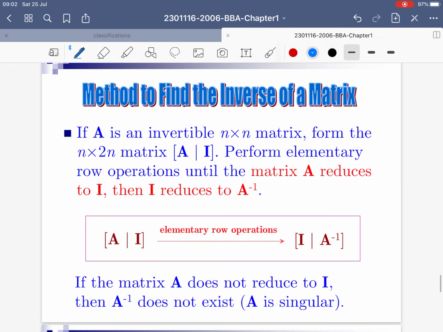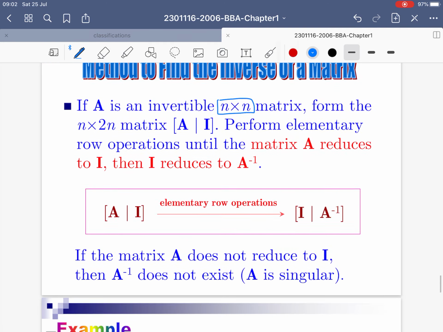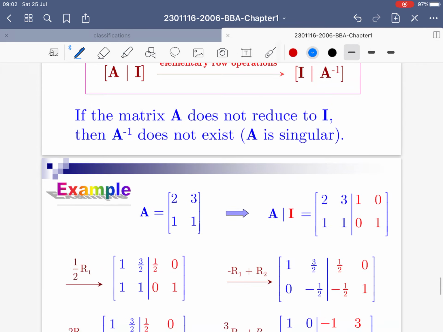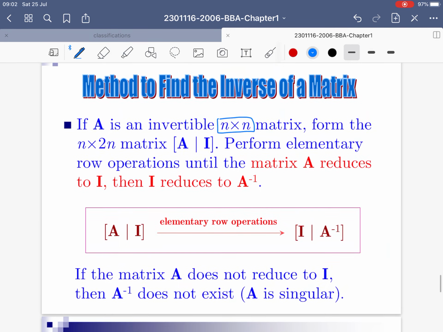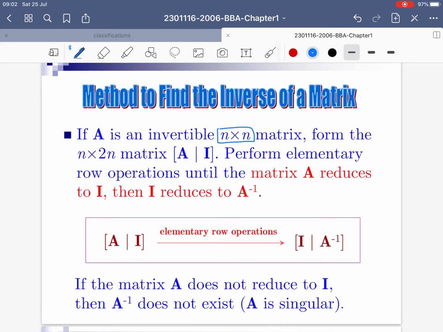And if it is greater than a 2 by 2 matrix, for example a 3 by 3 matrix, or something greater than that, what are we going to do?